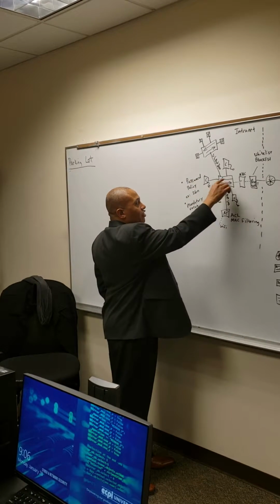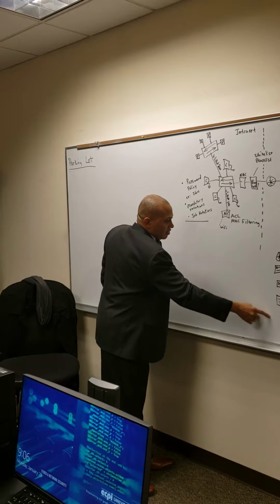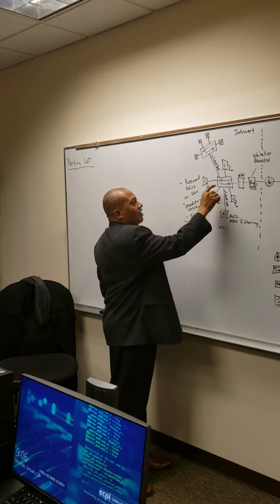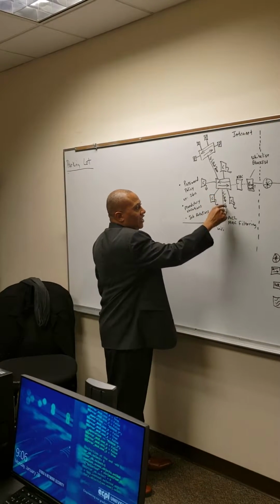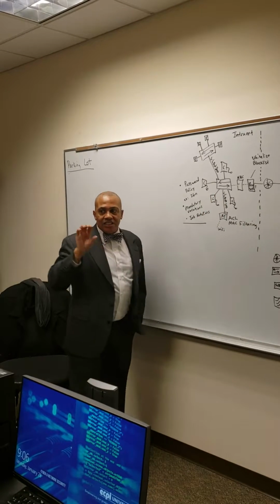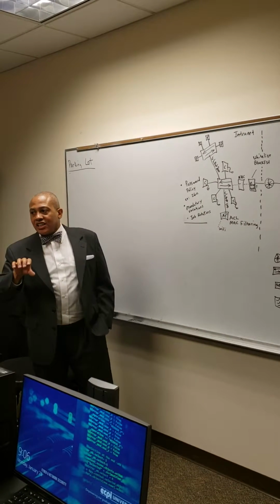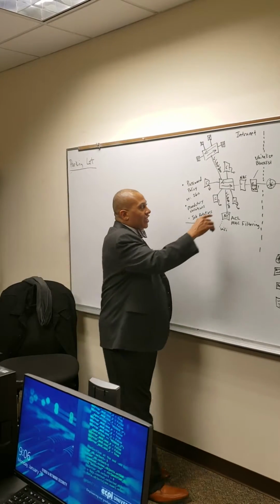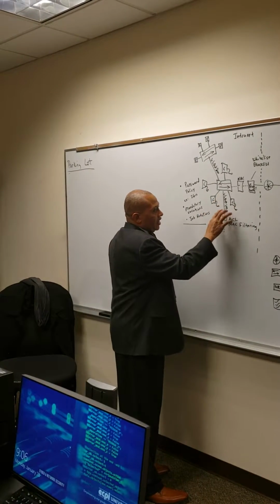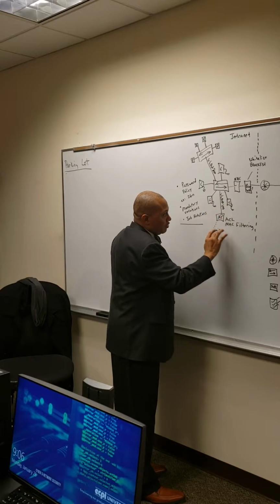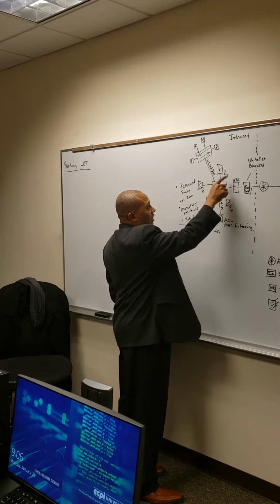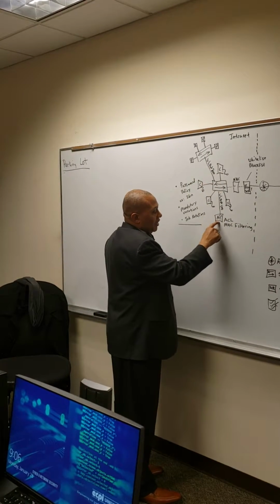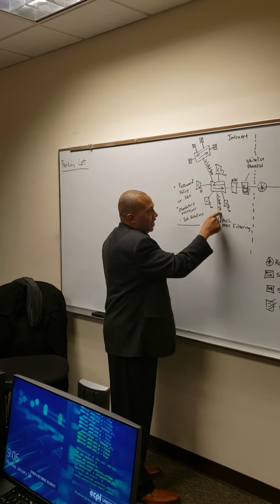Now, from this switch, so this is our symbols right here, from this switch, we have VLANs. VLANs segment and isolate your network. So everything that's on VLAN 100 can only go within this range. They can't go to anybody else. So I have my wireless access coming on VLAN 100.